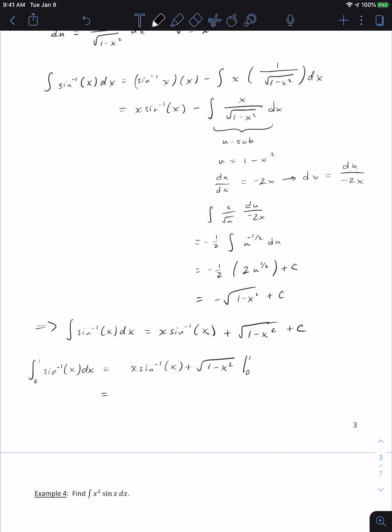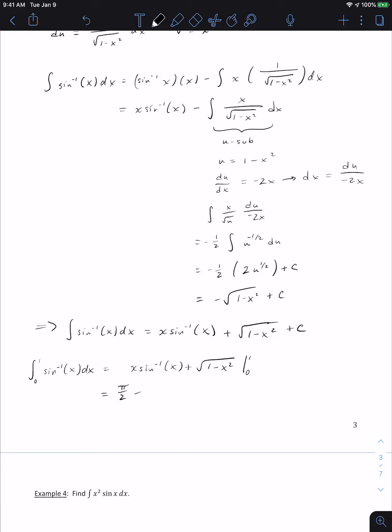Right? So sine inverse at 1 is going to give me pi over 2, and 1 times sine inverse of 1 is pi over 2, and then plus the square root of 1 minus 1 squared would be 0.